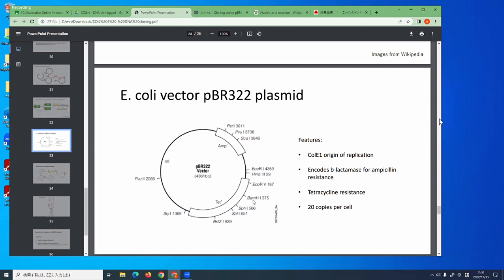Tetracycline is also an antibiotic. When this gene is expressed, it will disable the tetracycline effect, and because of that, the cell can grow even in a tetracycline environment. Usually, resistance genes are written this way with a small r: tet and a small r, to indicate that it's a resistance gene.